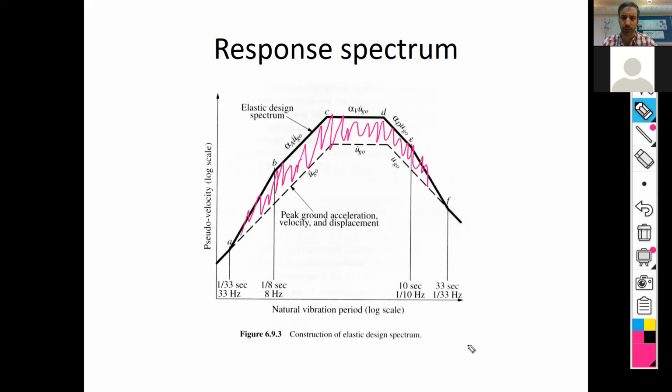Okay, so there is another question now. Why is U measured at the ground level, but A is measured at the mass of the structure? So this structure that I've been drawing all the time is the simplest possible structure, right?